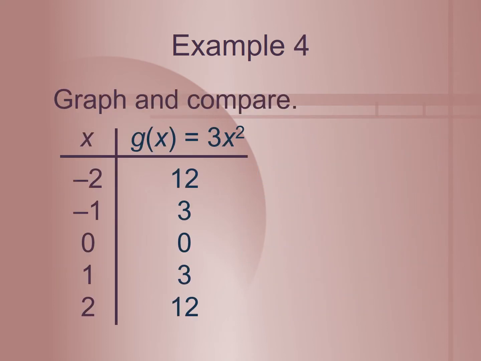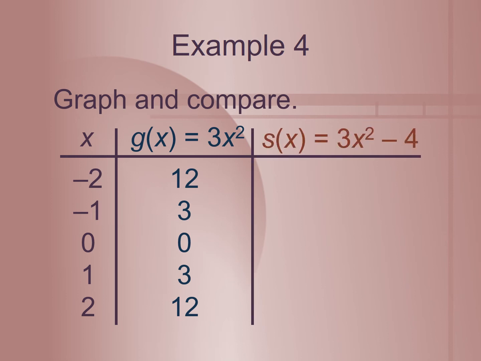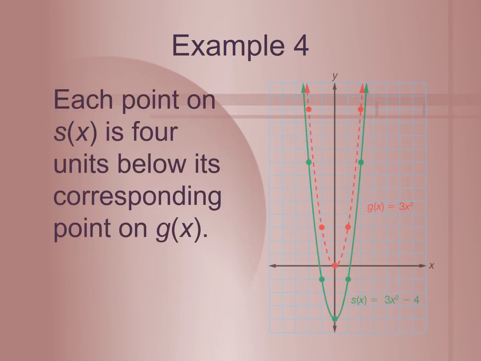Alright, so we'll graph some more. We have this 3x squared that we did before, and we're going to compare it to the 3x squared minus 4. So we'll go ahead and get our values for that on our table. Then we'll put points.